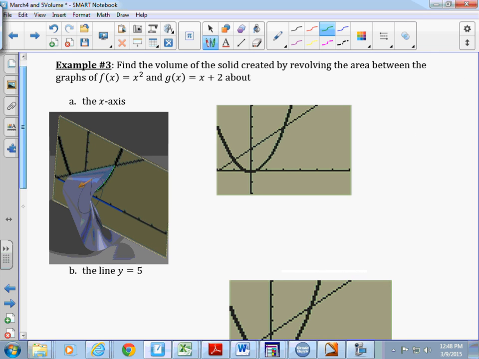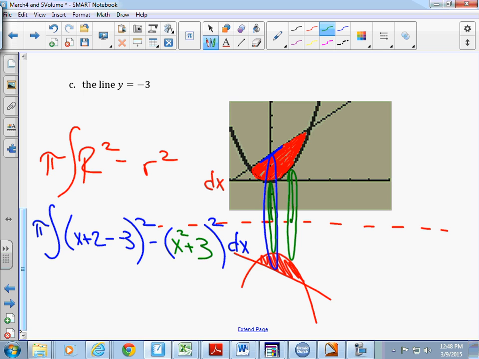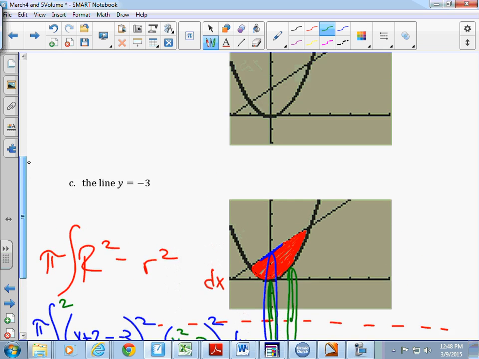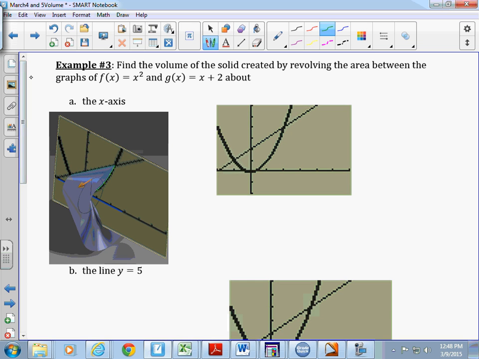Really quick, let me go back to this one. Did we put endpoints on this? We need to put endpoints. -1 to 2. We found those yesterday. Does anyone need me to remind you how we found those? It wouldn't hurt. Yeah. These intersections, the x squared equals x plus 2. Do you remember us doing that yesterday?